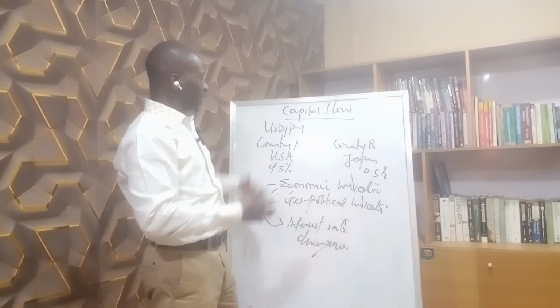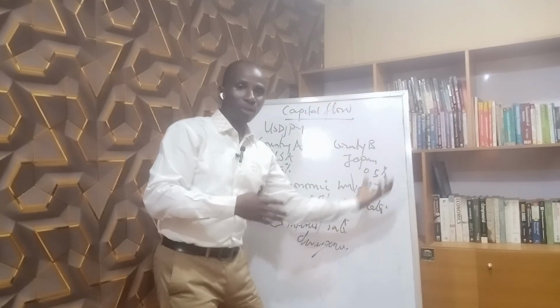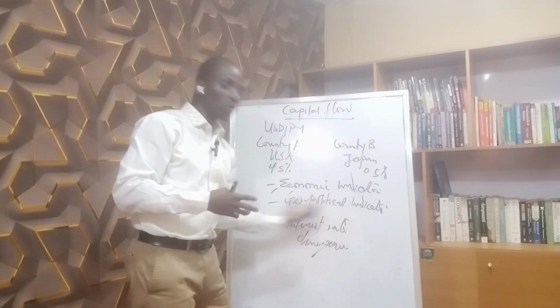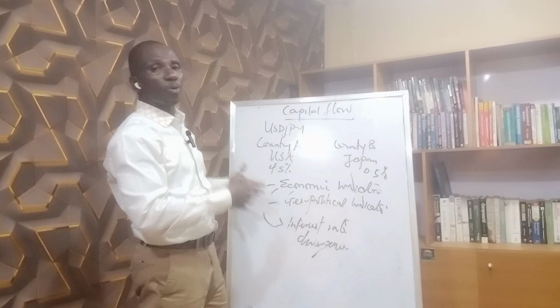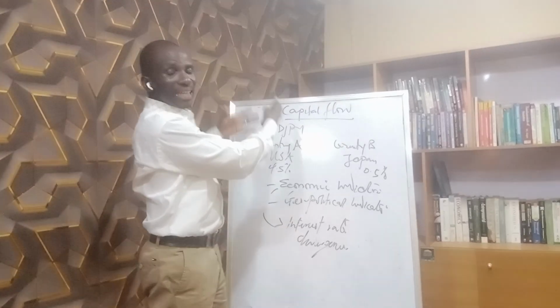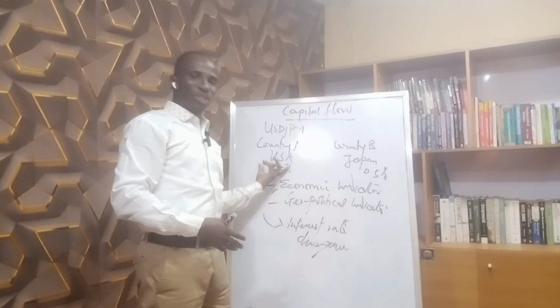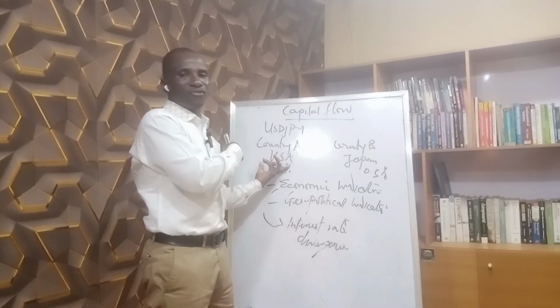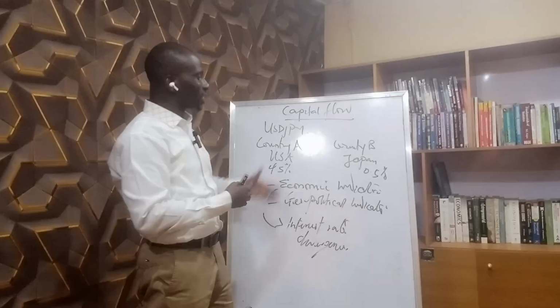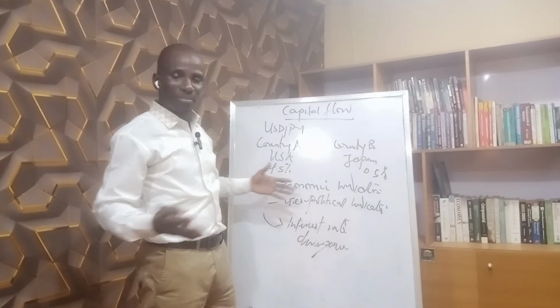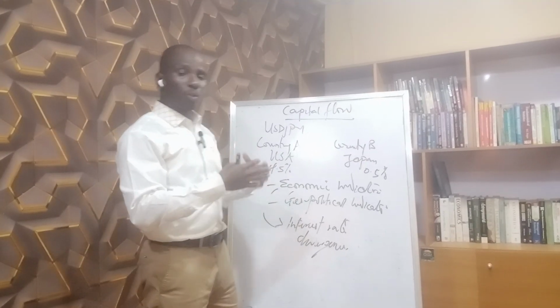When the capital flows from Japan to USA in terms of US dollars and you use it to buy an asset in USA, you are expected to make a higher return from such an investment, because you still have the difference between the 4.5 and 0.5. You will still make money eventually. So that is what we call carry trade.